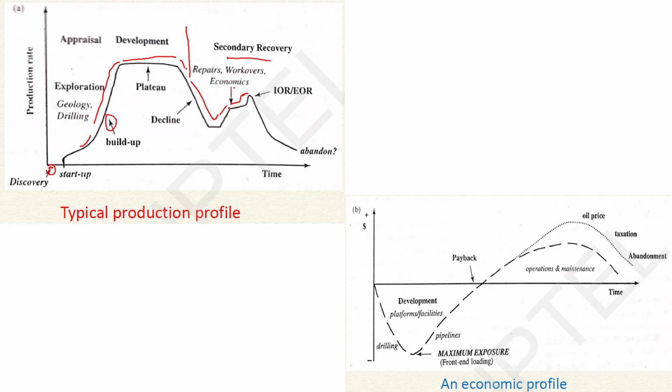The secondary drive and tertiary drive are basically to recover some amount of oil if it is remaining somewhere in the remotest area. So that's why the production rate is not as high as during the primary recovery time. And after using all these primary, secondary and tertiary recovery methods, when the well is completely exhausted, then the well is abandoned.